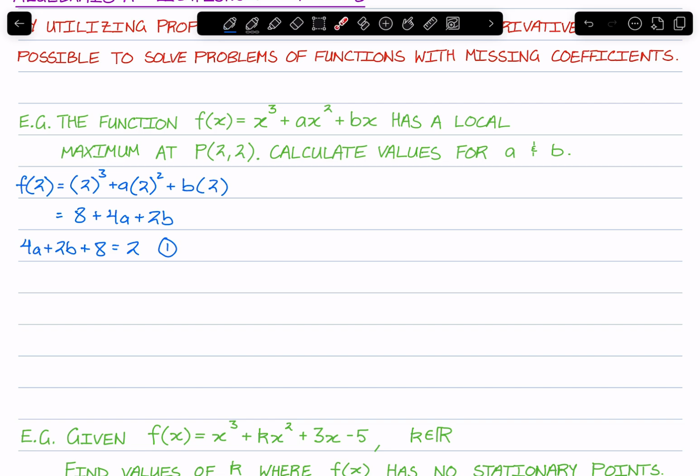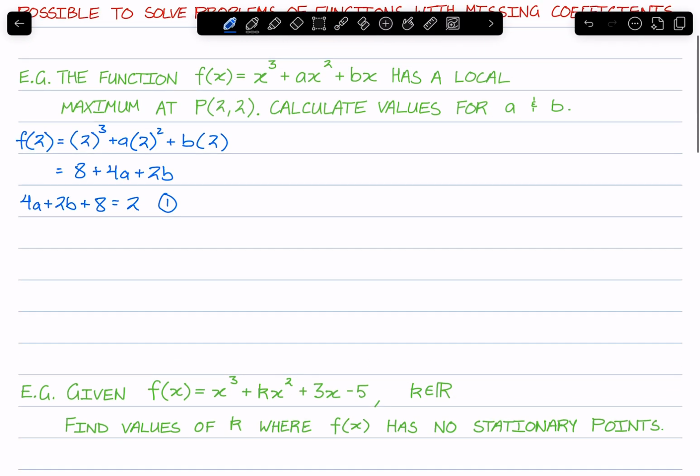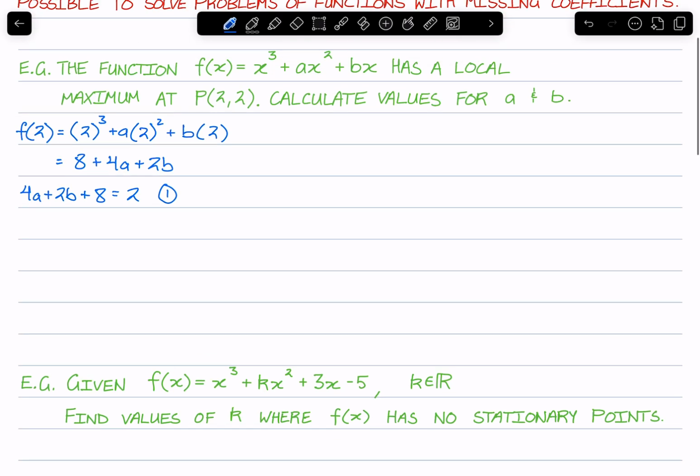So now it says it is a maximum at this point. So this means, well, let's see if we can do anything with our first derivative here.